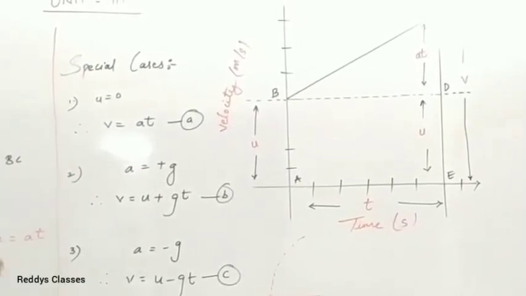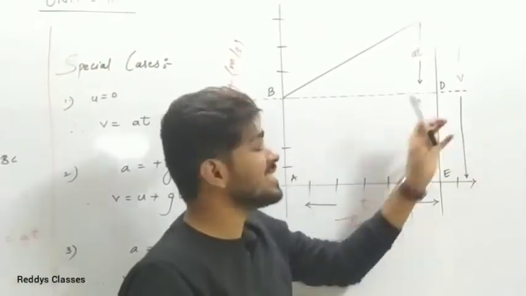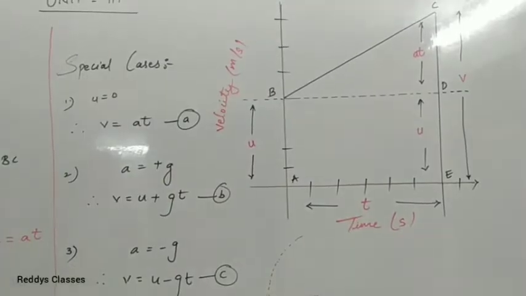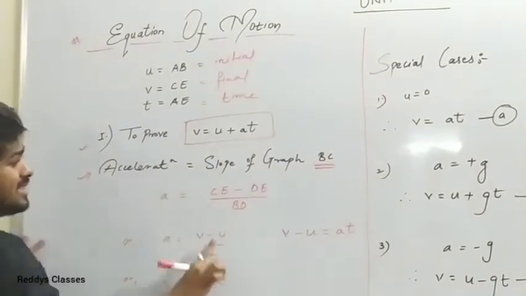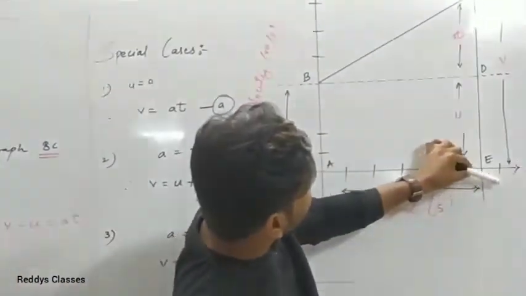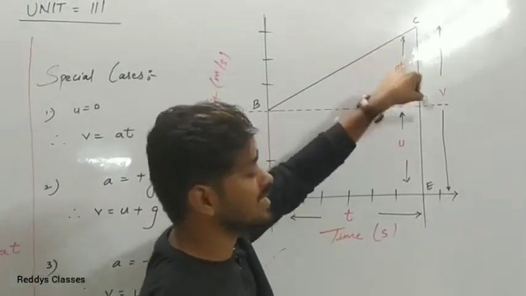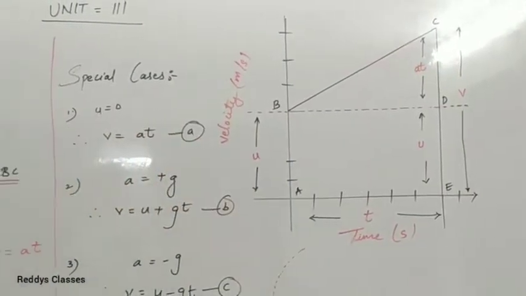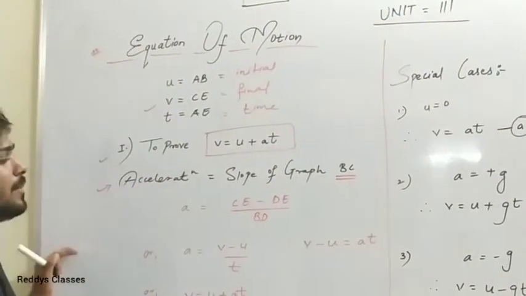As the graph starts from this particular point, we use this as the time axis. So the slope of the graph BC involves CE minus DE, which gives us CD. This is the actual velocity. Now CE, as you can see, is denoted by V.